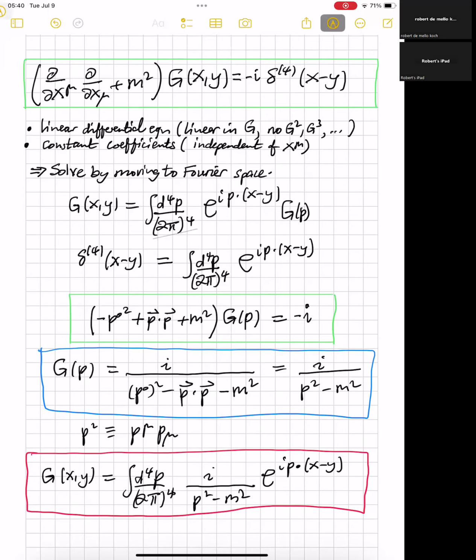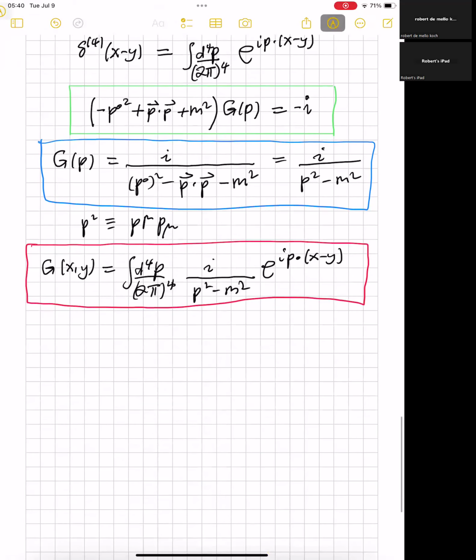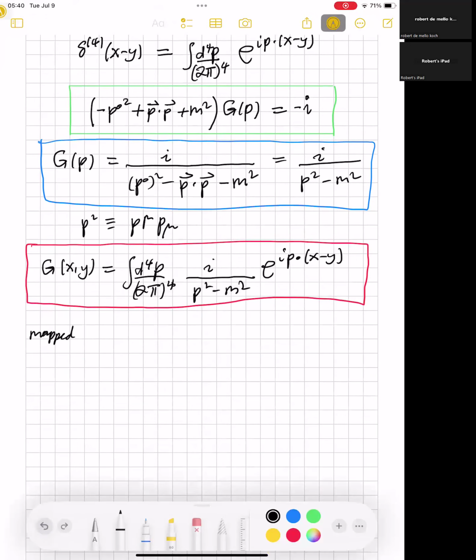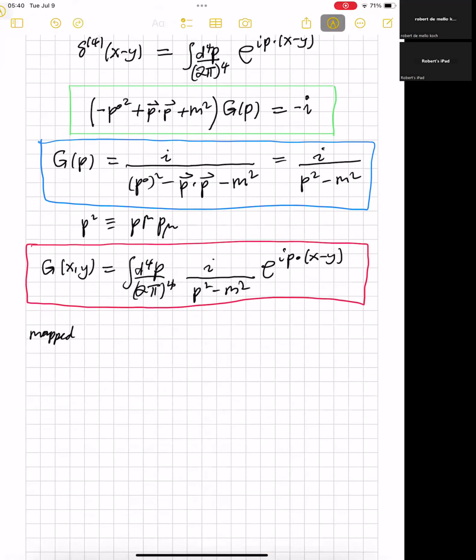So what did we do? We mapped an algebraic equation into a differential equation.